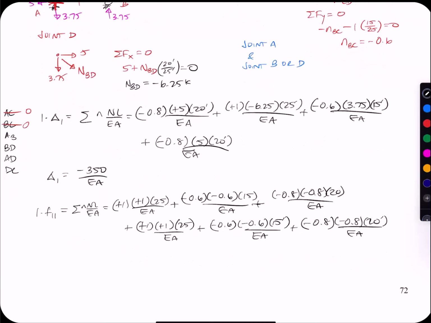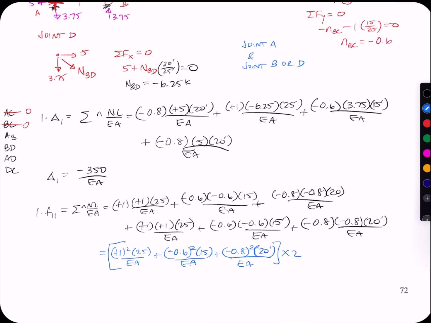Alright, so I could have written this a lot faster. I could have said +1 squared 25 over EA plus 0.6 squared times 15 over EA plus 0.8 squared times 20 feet over EA, and this whole quantity times 2, since there are 2 of each member with the exact same values.